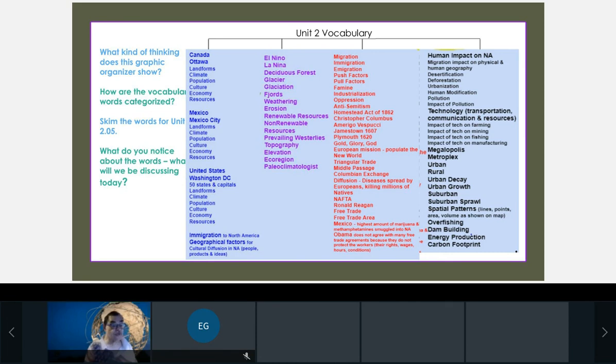Because I did zoom. Yes? No? Okay. Migration, immigration, emigration. Okay, El Nino, La Nina, deciduous forests, glaciers, glaciation, fjords, weathering, erosion, renewable resources, non-renewable resources.